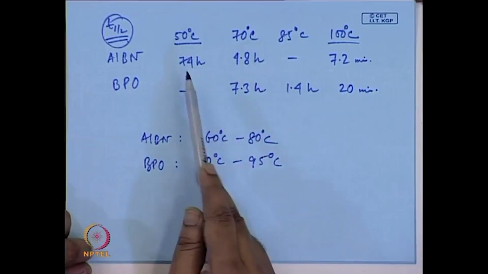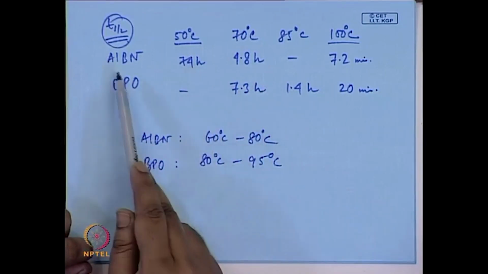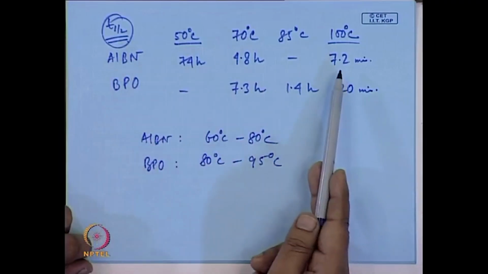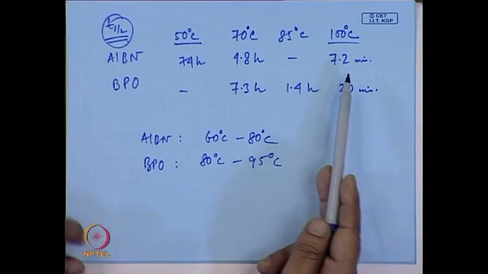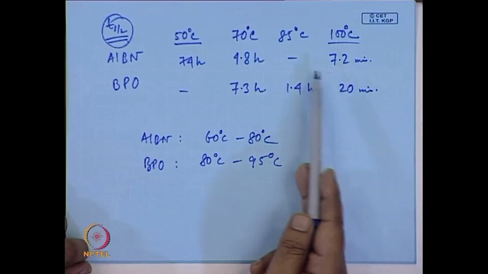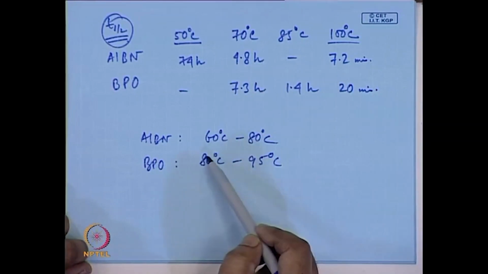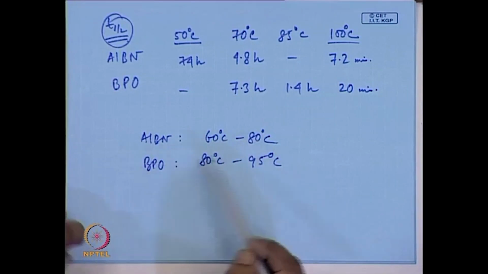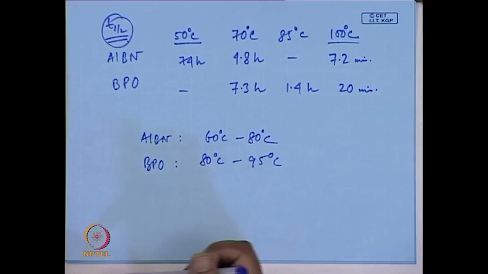You have to choose your temperature accordingly. For example, if you use AIBN at 100 degree, it is too fast a reaction. So, it is always recommended that you use AIBN and BPO in these ranges to have a moderate reaction rate.